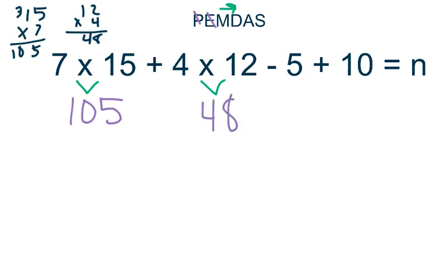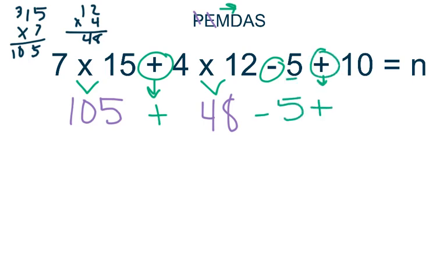Now I need to go through my problem and bring down the rest of the items I haven't used. So I bring down my addition sign, my subtraction sign, my 5, my addition sign, my 10, my equals n. Those are all the things I have not used. My next step is to go through order of operations, make sure I'm ready to go.